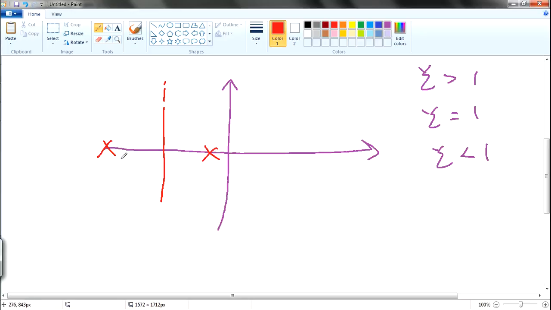Slowly going to equal 1, they are going towards this direction. And when they reach 1, they are both at the same point, should be at this point. And then when they are smaller than 1, they start to diverge. When this is 0.99, they are slightly over here. The angle itself is very small.